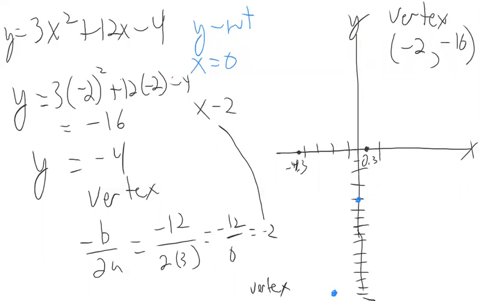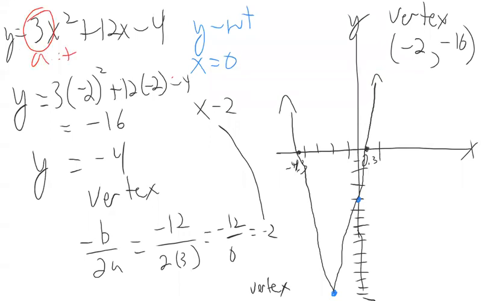Then I connect my points, which I draw even worse on an iPad than in the classroom. And there is my horribly drawn parabola. A neat little trick: my a is a positive 3.